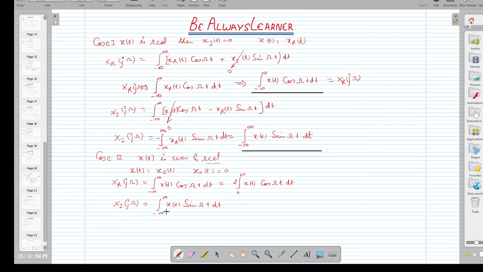Now because x is even and we know that the sine component over there is 0, so we can say that this part is going to be 0. And what did we have to compute? X j omega. So x j omega can be directly computed by computing x r j omega only. It means if we are given x as an even and real function, then we only have to calculate x r. We are not going to calculate x I at all.